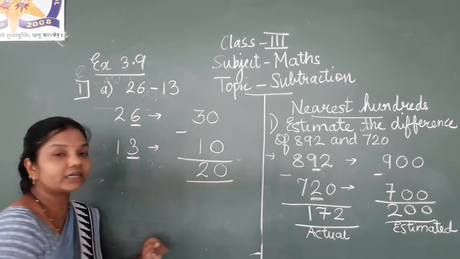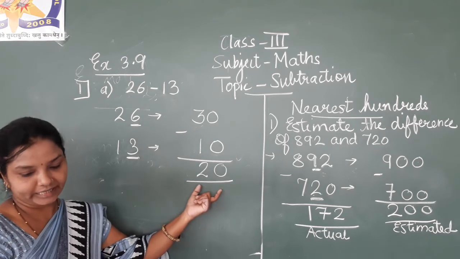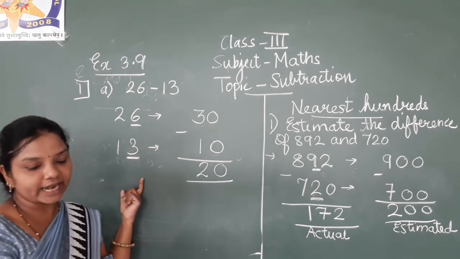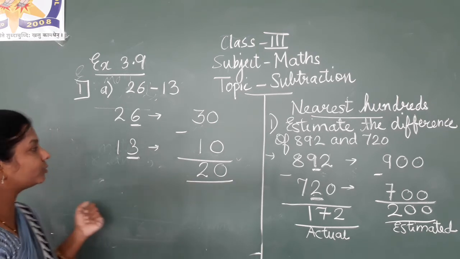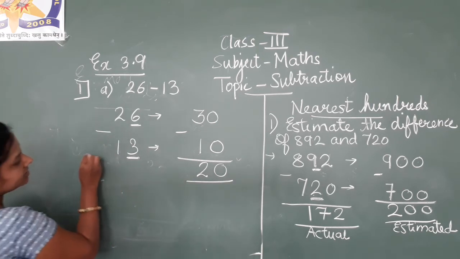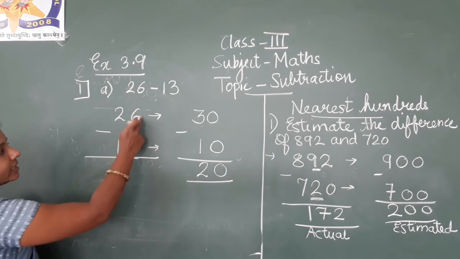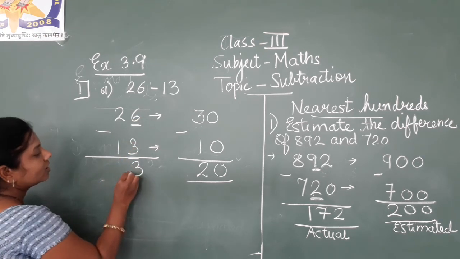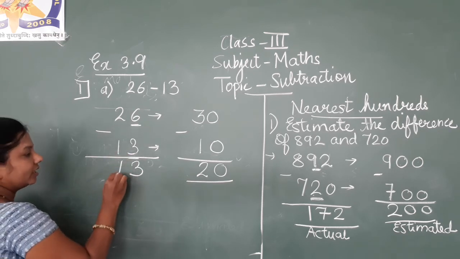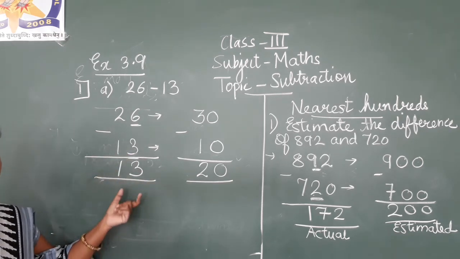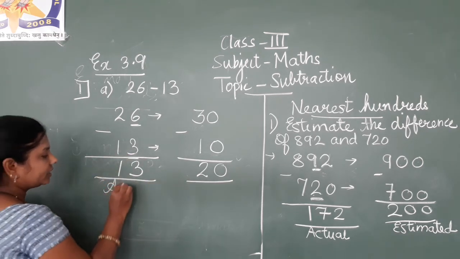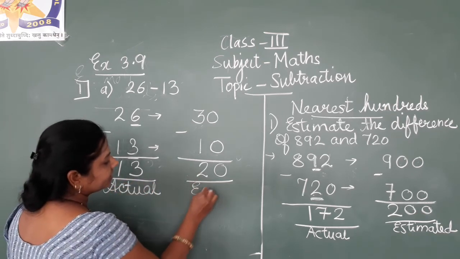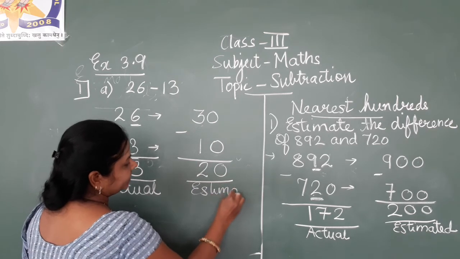So what is the estimated difference? It is 20. Now if you want to find the actual difference, yes, it is mentioned to also find the actual difference. Subtract these two numbers. 6 minus 3, 3. 2 minus 1, 1. So what is the actual difference? The actual difference is 13. And the estimated difference is 20.